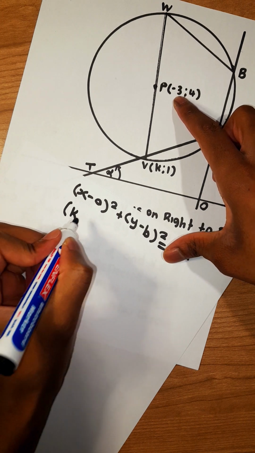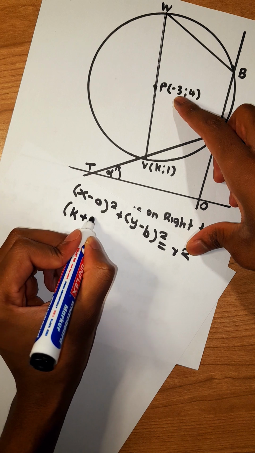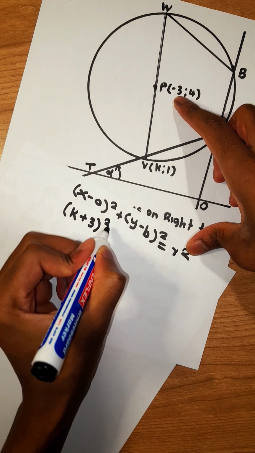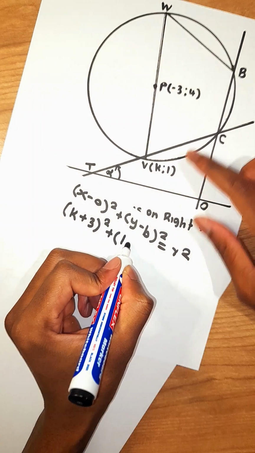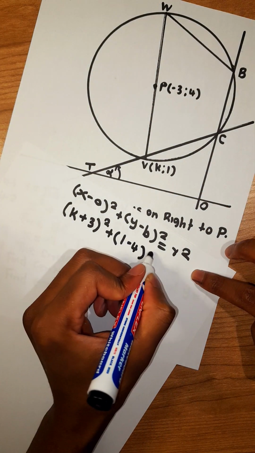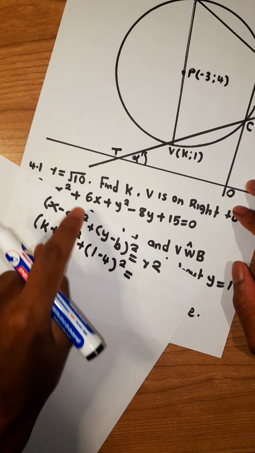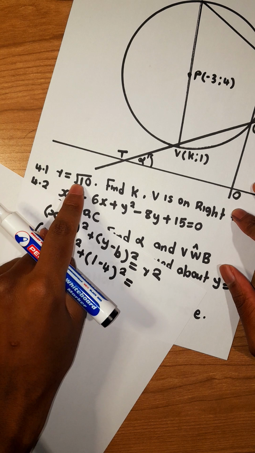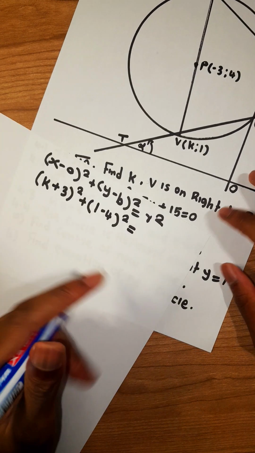Since it's minus, when it comes here it's going to be a positive 3, and then we square it, plus. The y is going to be 1, and the b is going to be minus 4, and then we square it. But what is r squared? If the radius is root of 10, we just square it, so it's going to give us 10.